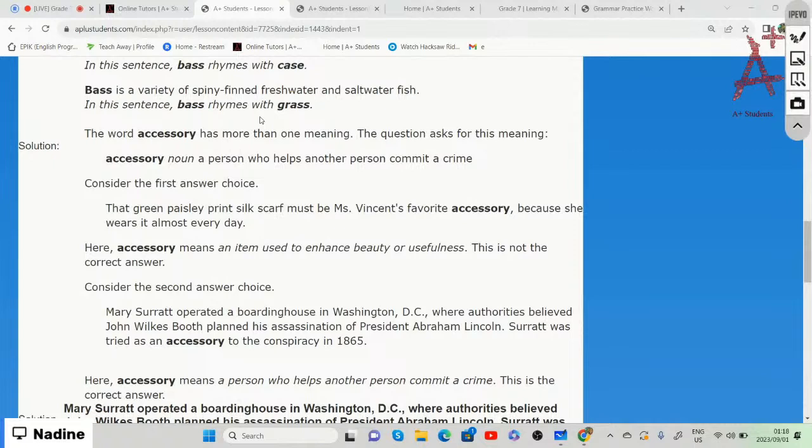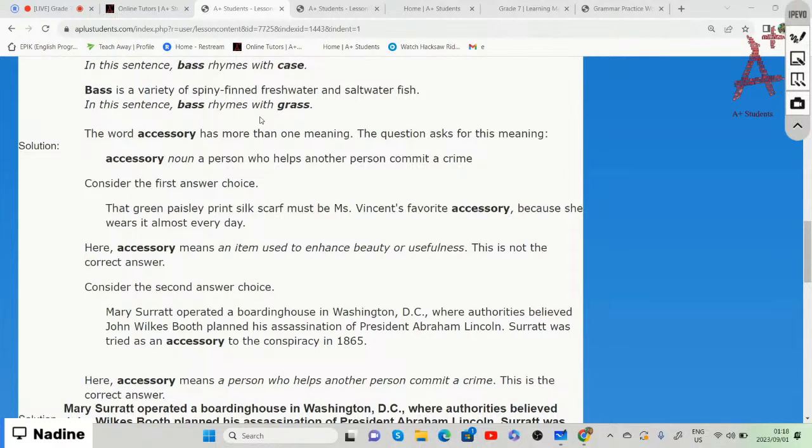That green paisley silk scarf must be Miss Vincent's favorite accessory, as she wears it almost every year. So accessory, which means an item used to enhance beauty or usefulness, is the correct answer.